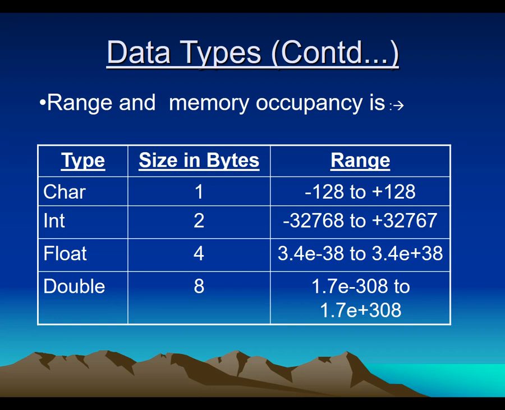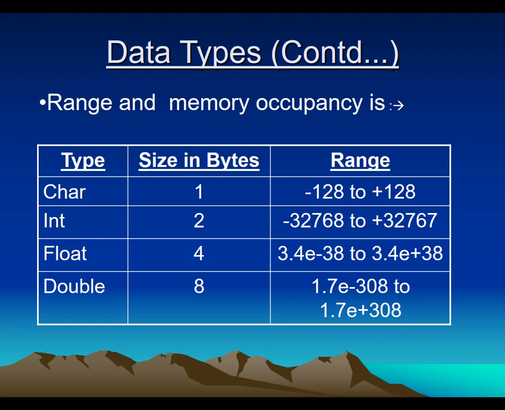Suppose we go for float, it occupies 4 bytes, which is 3.4e minus 38 to 3.4e plus 38. Double occupies the 8 byte size, that is 1.7e minus 308 to 1.7e plus 308.